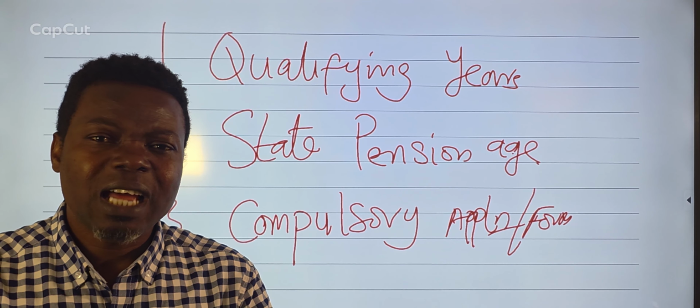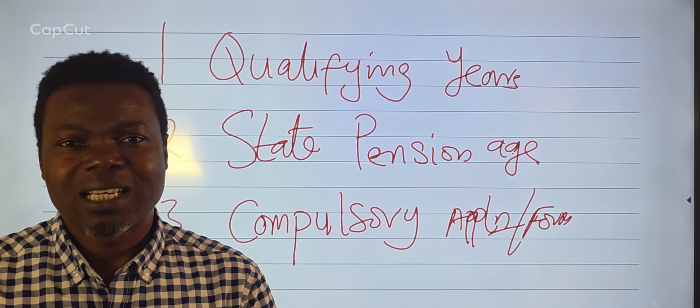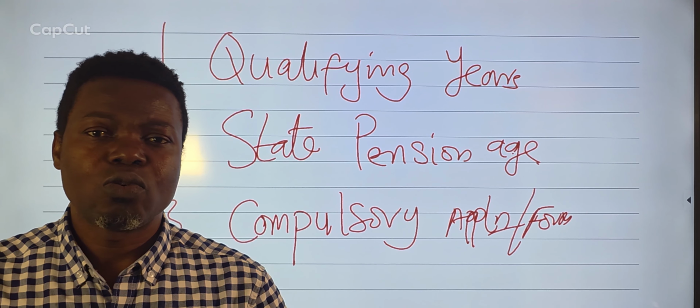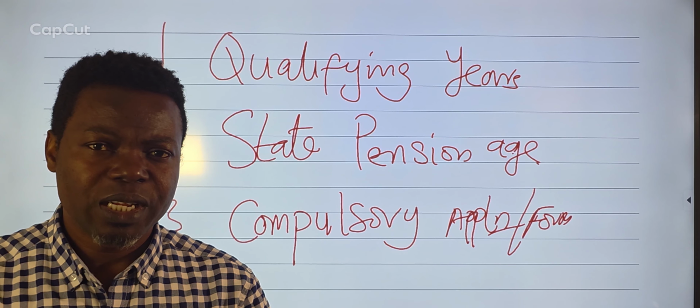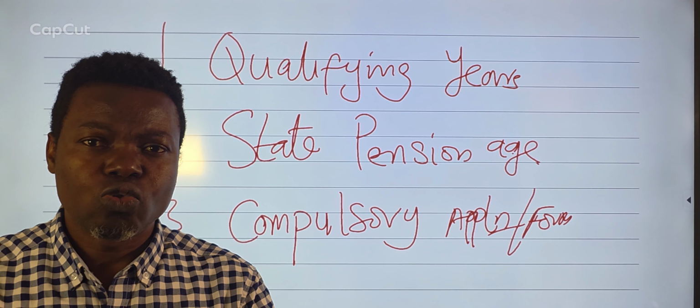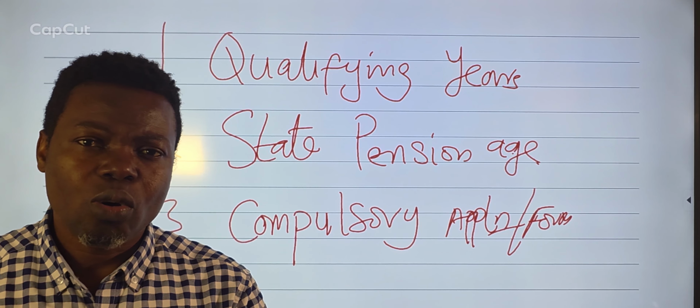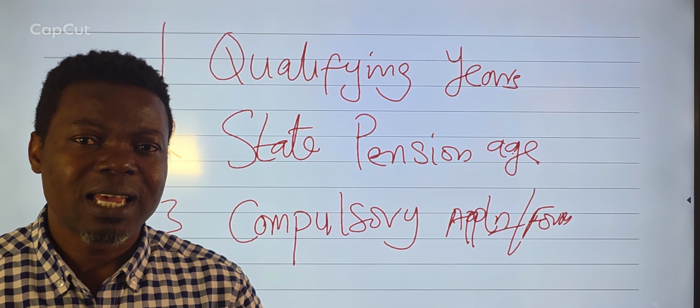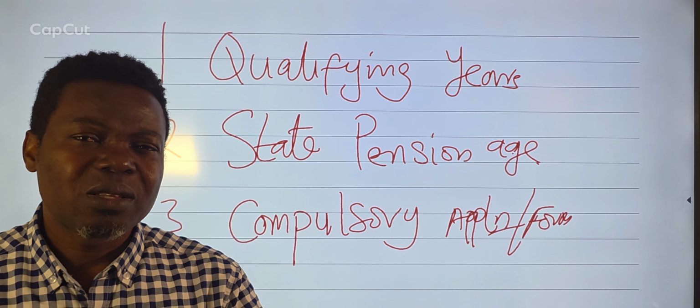Now if the person decides to resign from the job, probably to start his own business, that person is not going to qualify, because he has stopped contributing at year 9 and there is 1 year remaining. Because this person is not aware of it, that is why he stopped contributing, and those 9 years will now look as if they have been wasted.